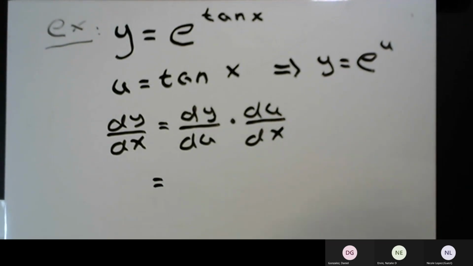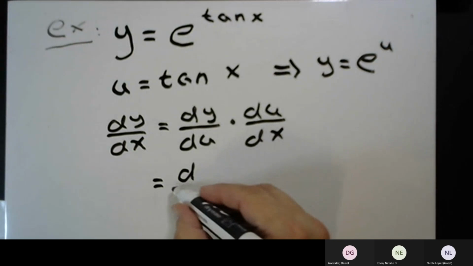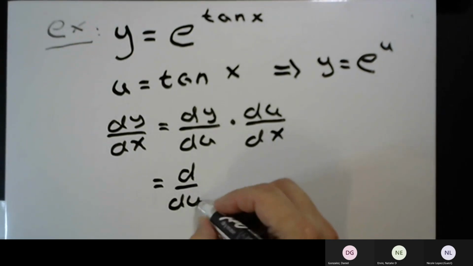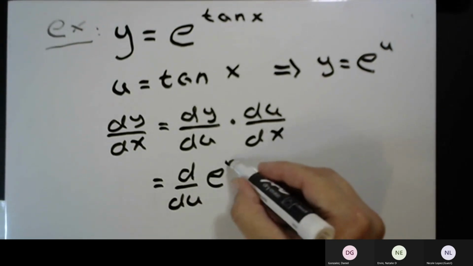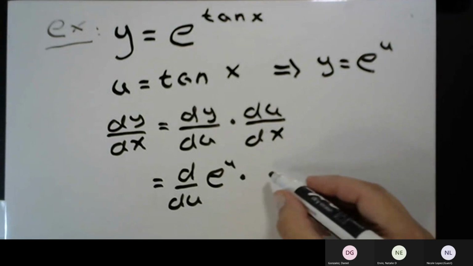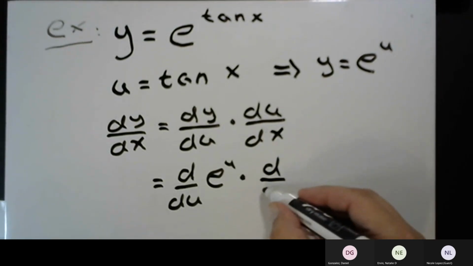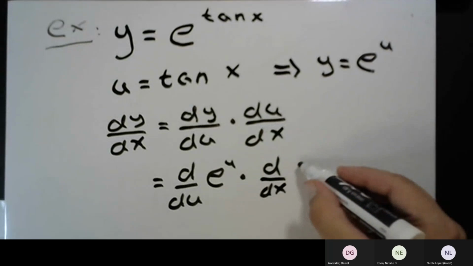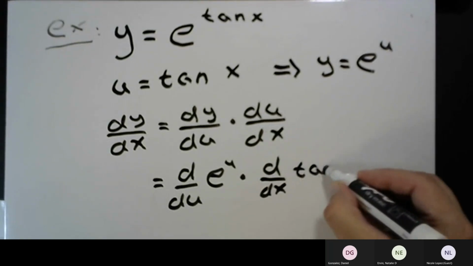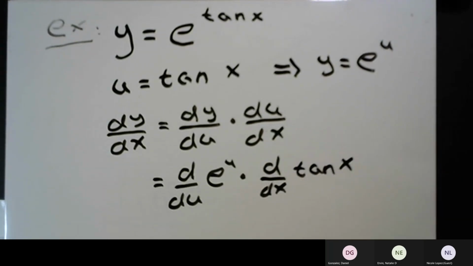So dy/du, that's going to be d/du of e to the u, times, and then u is tangent x, that's d/dx of tangent of x. Questions about that?